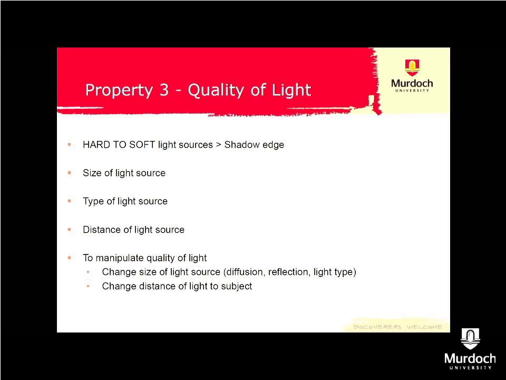This is quite an important one, and one that, in my experience, takes people a little time to get their heads around: how to generate the quality of light. And typically when we're talking about quality of light, we're talking about hard to soft. The difference between a hard light and a soft light.